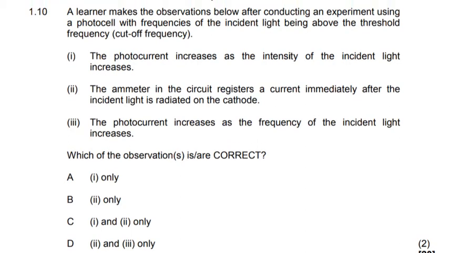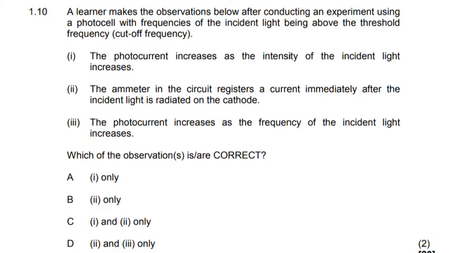The first observation is that the photocurrent increases as the intensity of the incident light increases. The second observation is that the emitter in the circuit registers a current immediately after the incident light is radiated on the cathode. And the third observation was that the photocurrent increases as the frequency of the incident light increases.